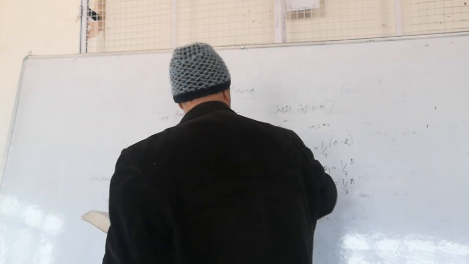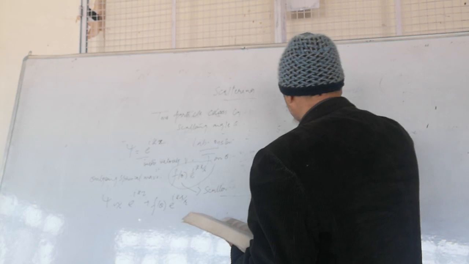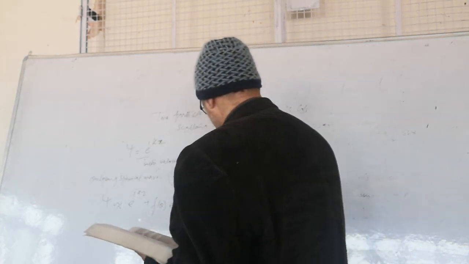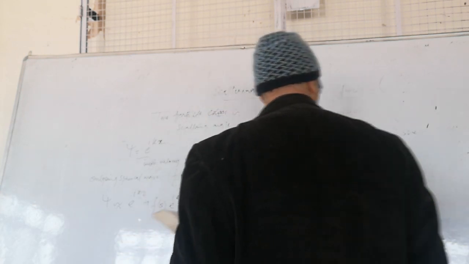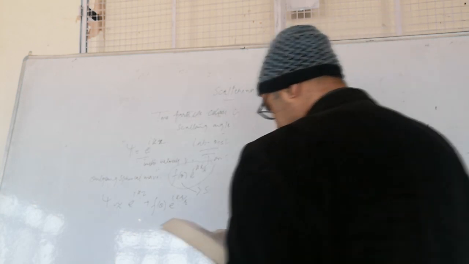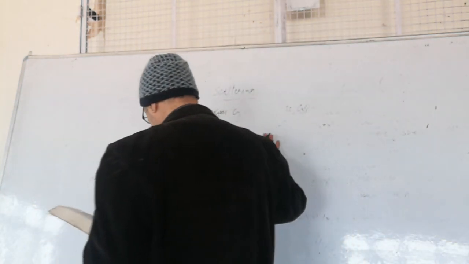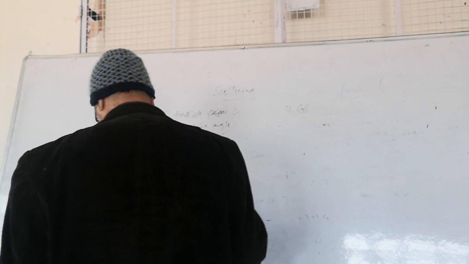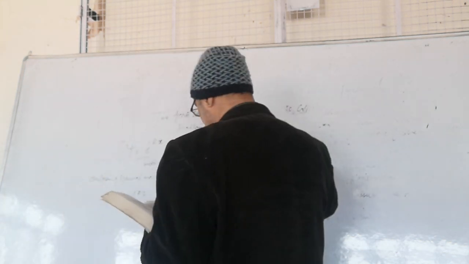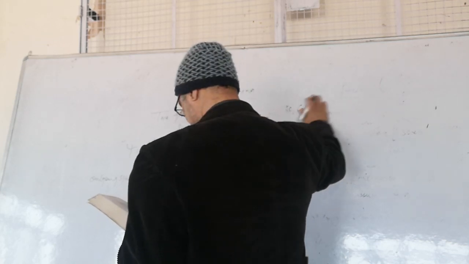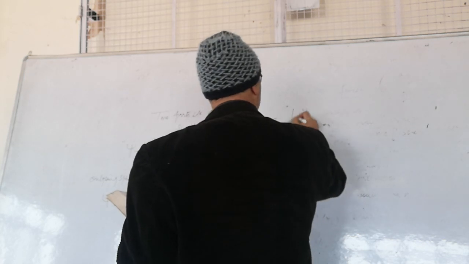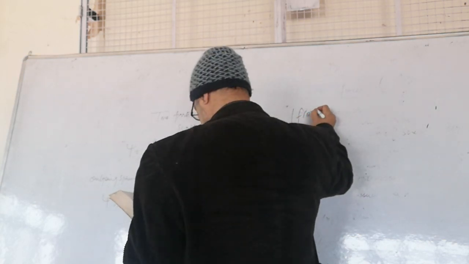So we can say that psi is this where d sigma is basically f of theta.